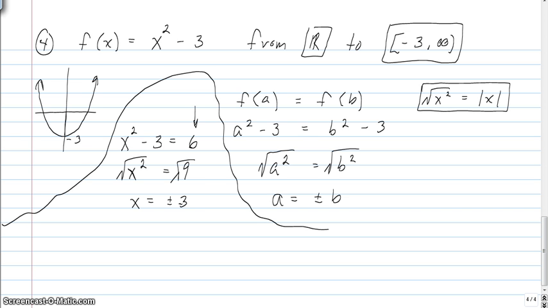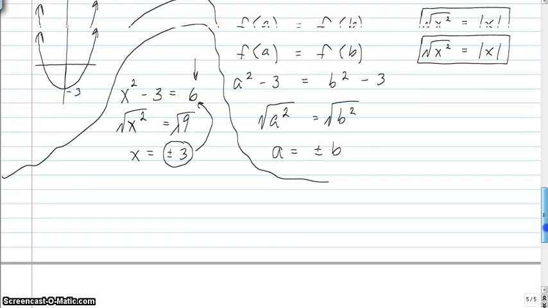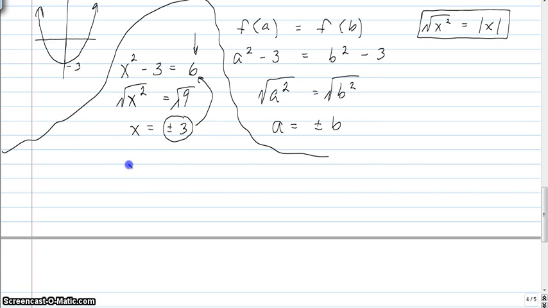So why did I do that? Because that tells me that these two different x values will both give me that y value, 6. So this will verify that the function is not one-to-one, because if I plug 3 into my function, I get 3 squared minus 3, which is 6. If I plug negative 3 into my function, I get negative 3 squared minus 3, which is also 6.